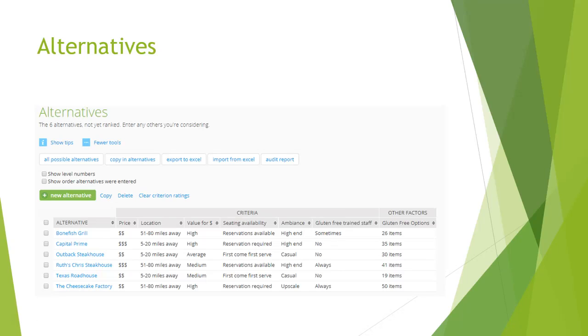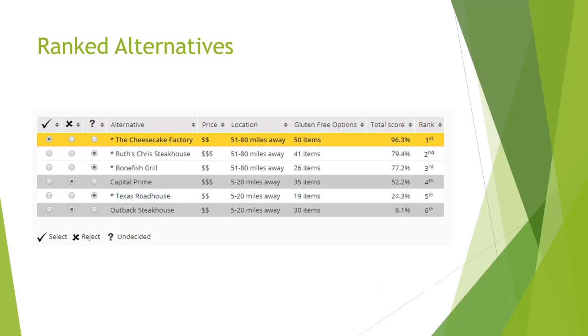The next option that it took me through was all of the different questions to determine exactly the importance for me based on price, based on location, and that is what led me to getting the ranks of these different restaurants here. As you can see, Cheesecake Factory ranked first for me based on my preferences throughout the questions that 1000 Minds asked me to determine this decision for me.